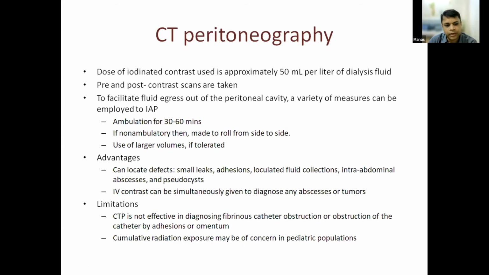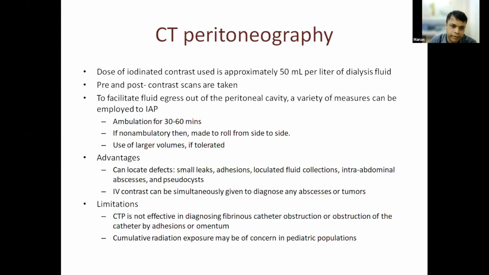The advantage is that it can locate the defects, and even small leaks it can detect. In addition, we get other features like adhesions and loculated collections in the pleural space or intra-abdominal space. IV contrast can also be used if we suspect or the patient has features of any pleural pathology like malignancy or any loculated effusion or abscess.